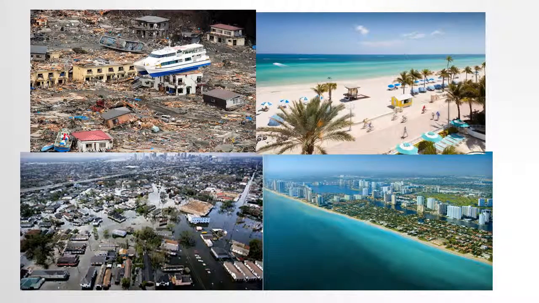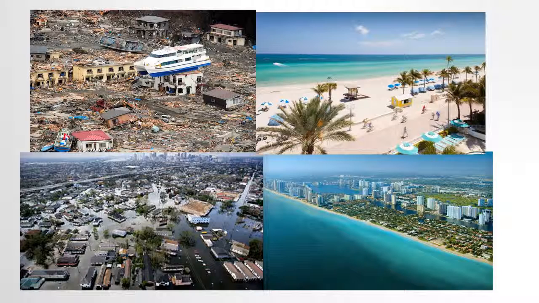Like in these pictures, on the left side is the disaster side, and the right side is the climate part. On the left side, it shows how the environment forced people out, and they completely destroyed their homes, so they were forced to move to other locations.